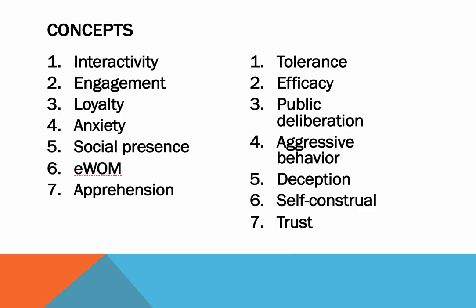Apprehension, and there are different types of apprehension, perhaps communication apprehension, tolerance, efficacy, public deliberation. You can see these are all words, like trust, that are used, but we have to figure out how to measure them.